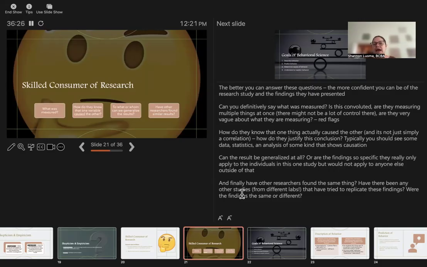How do they know that that one variable caused the other? So remember I touched on correlation versus causation. Correlation just means two variables happen to be moving at the same time. Causation means one actually caused a change in the other. If they're making a causal statement, if they're saying this caused this, and it's not just simply a correlation, how do they justify this?